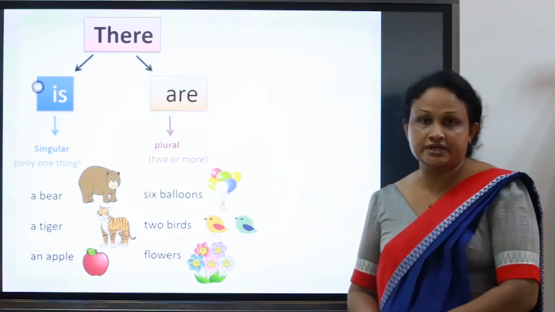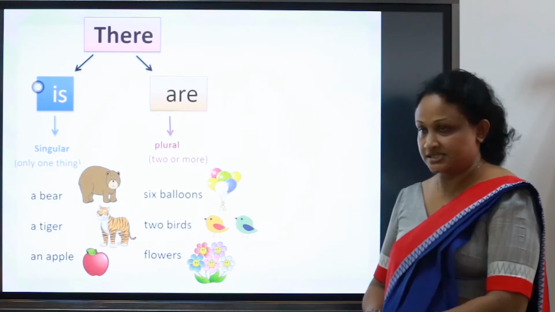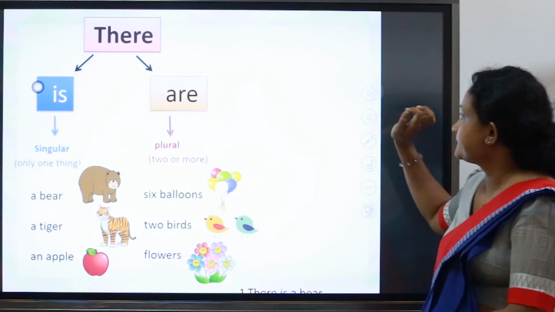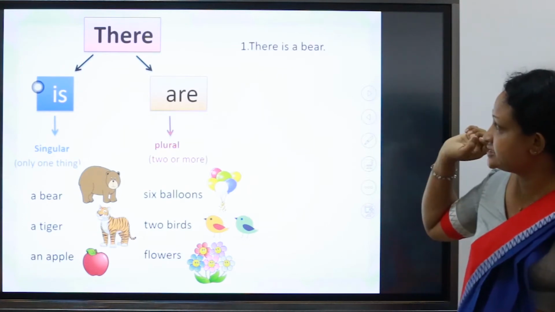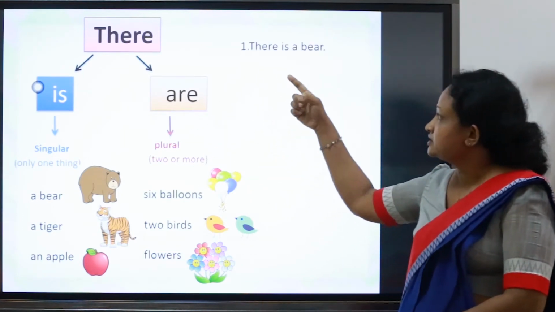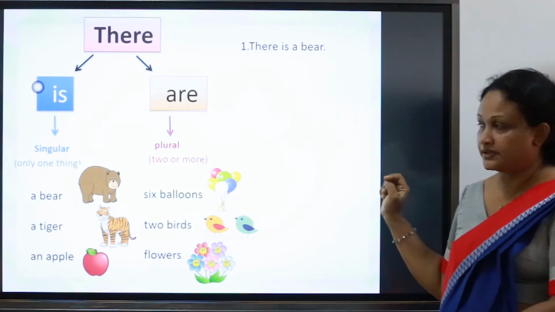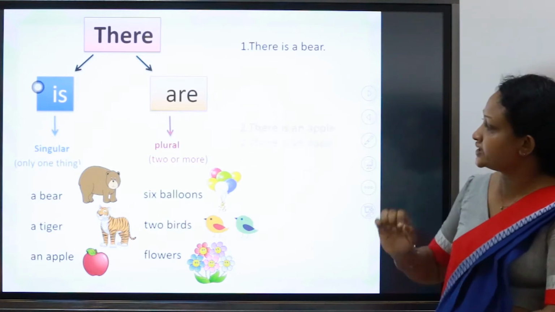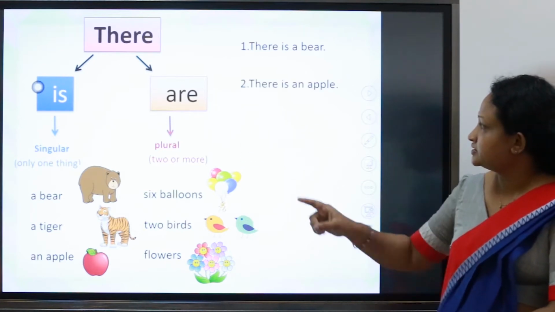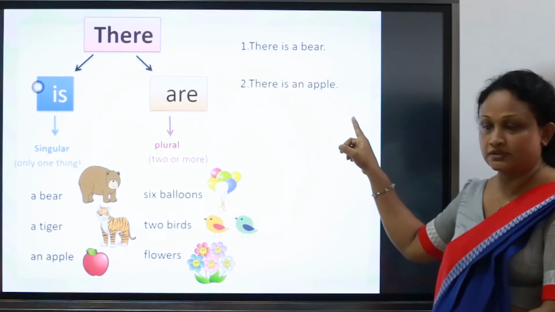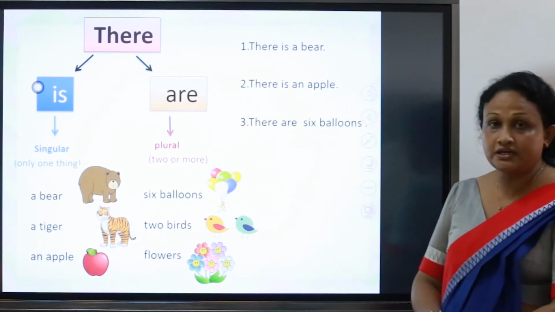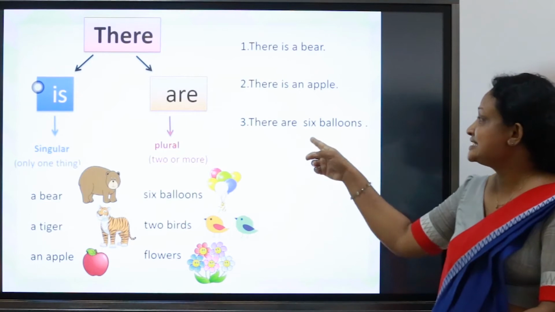Okay, my dear children, now let's build up the sentences. Our first sentence using there is: there is a bear. What else we can write? There is an apple. The third one, there are 6 balloons.